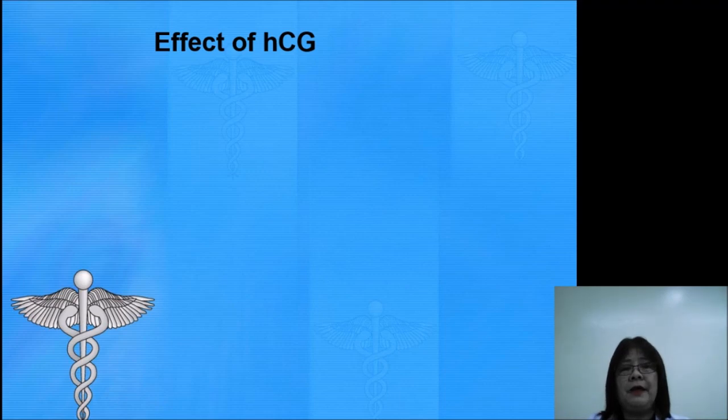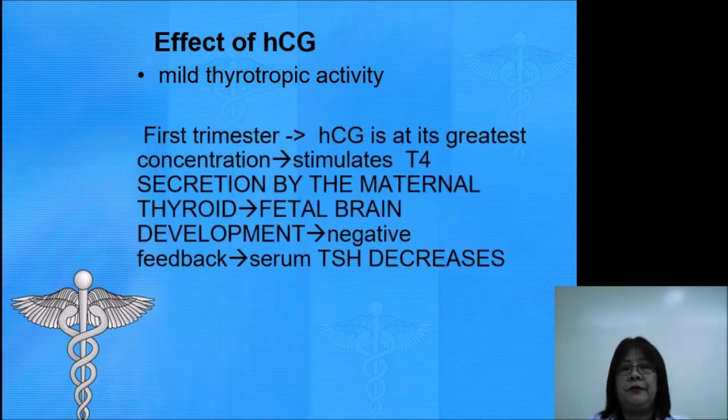What will be the effects of your human chorionic gonadotropin? So early in pregnancy, HCG has a mild thyrotropic activity. So during the first trimester, it is the HCG that stimulates T4 secretion by the maternal thyroid tissues.